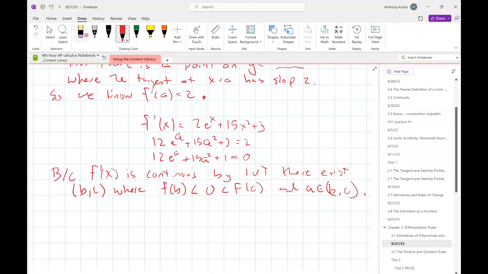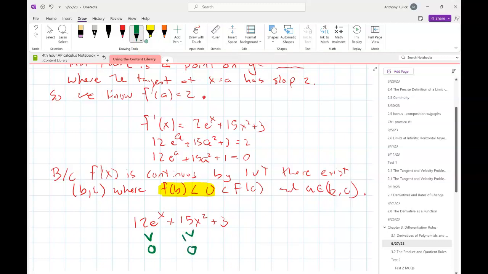Did anybody see where the contradiction is going to come? It's going to be this piece right here. Notice that 12e to the x plus 15x squared plus 3. An exponential is always greater than 0, right?